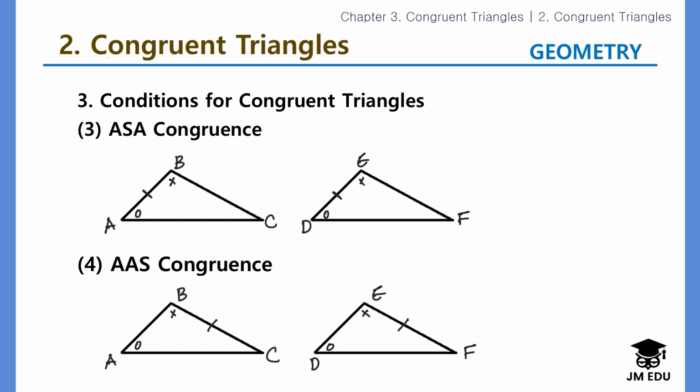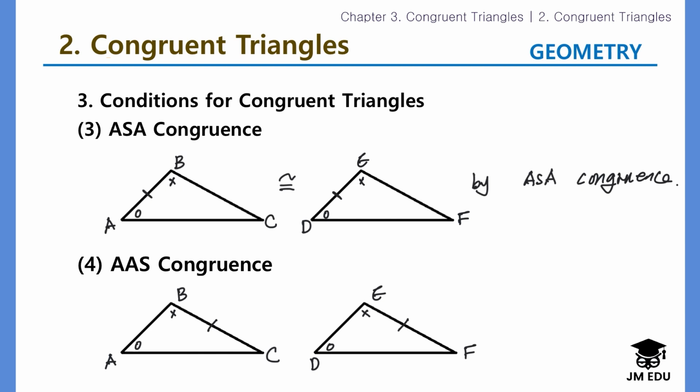So in this figure, this angle right here and this angle right here are congruent. This side congruent. This angle congruent, right? It has to be in this order. Then these two triangles are congruent by ASA congruence.